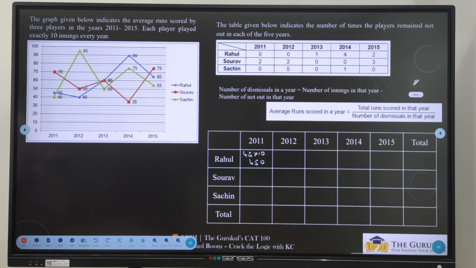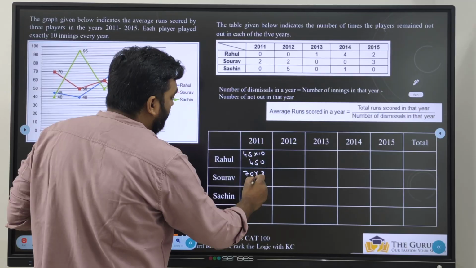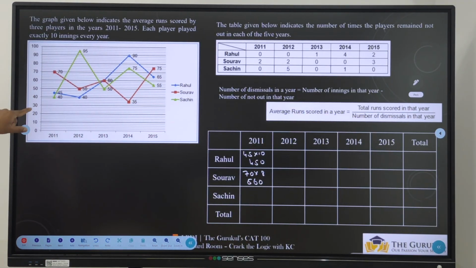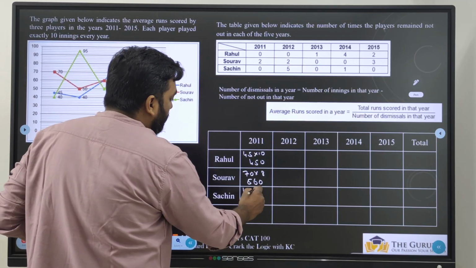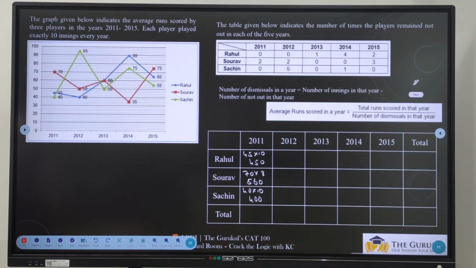It should be 70 into 8. So 70 into 8, that is 560, is the total number of runs. Sachin, 40 is the average over here, 0 not outs. So everything is good. This will be 40 into 10, which is 400. Clear? So 450, 560, 400, that will be equal to 1410.